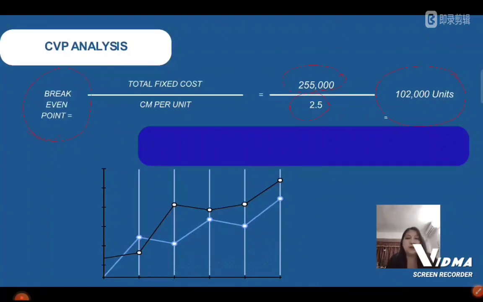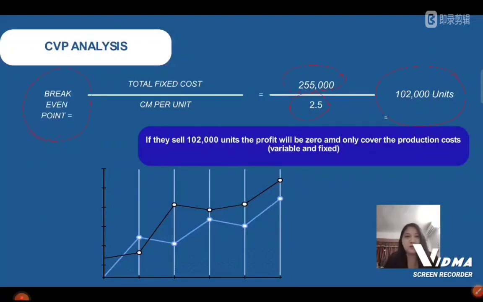If they sell 102,000 units, the profit will be 0 and the company will break even, which means the break-even only covers the production cost. No profit, but the company also does not lose money. And since our target sale is 200,000 units per month, we could still say that Sharma's business plan is feasible.